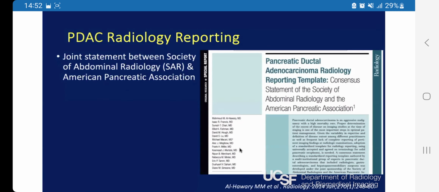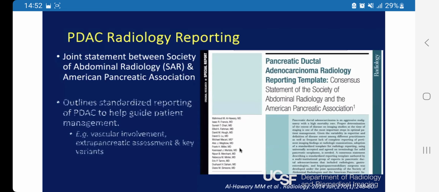The Society of Abdominal Radiology and the American Pancreatic Association a few years ago came up with this dictation template or guideline for reporting of PDAC at the staging time, to help the surgeons and other members of the treatment team better understand and stage the pancreatic cancer. Since then, it has been widely accepted by many clinicians and radiologists, and we are currently using it here.